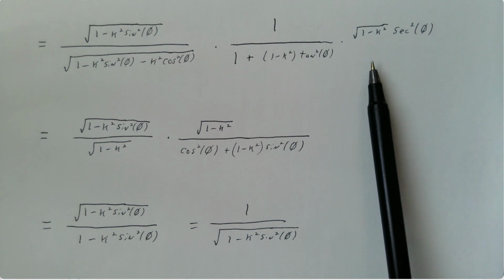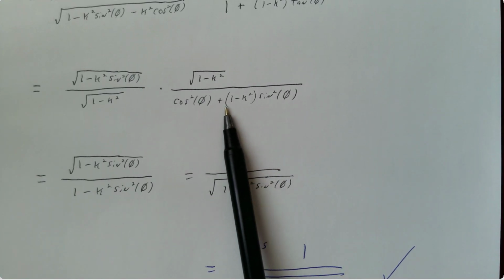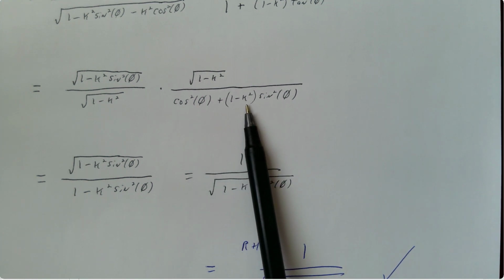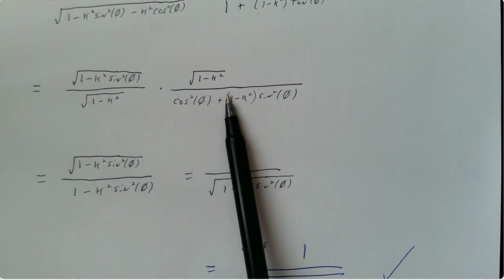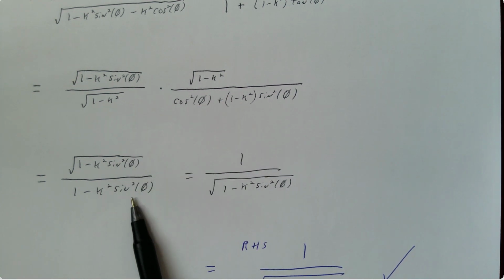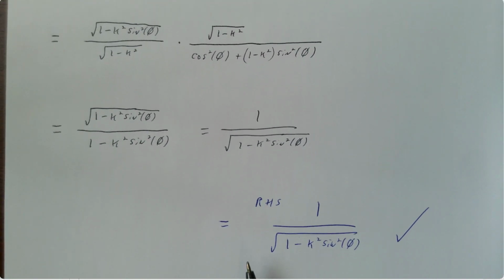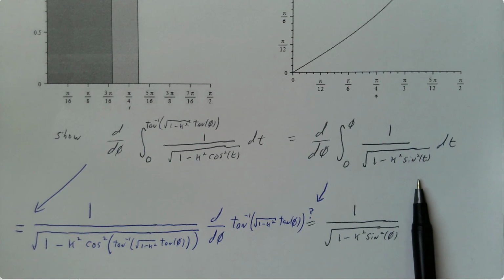Tangent squared times cosine squared will be sine squared. If I distribute the sine squared, I get sine squared plus cosine squared, which is 1, minus k squared sine squared. So that's what I get there. These two cancel. And now I have top and bottom are the same, except one's the square root at the top, so it'll be that. So this is what I get for the derivative, but that's the right-hand side as well. The derivative of the right-hand side, that's easy. Just plug the phi in there.